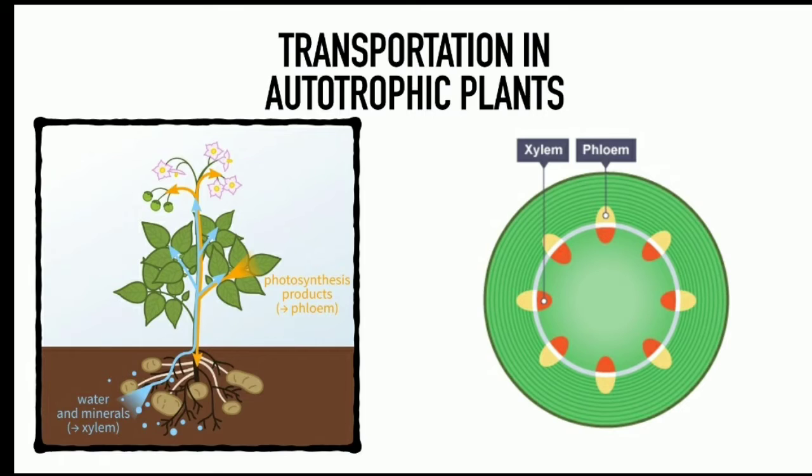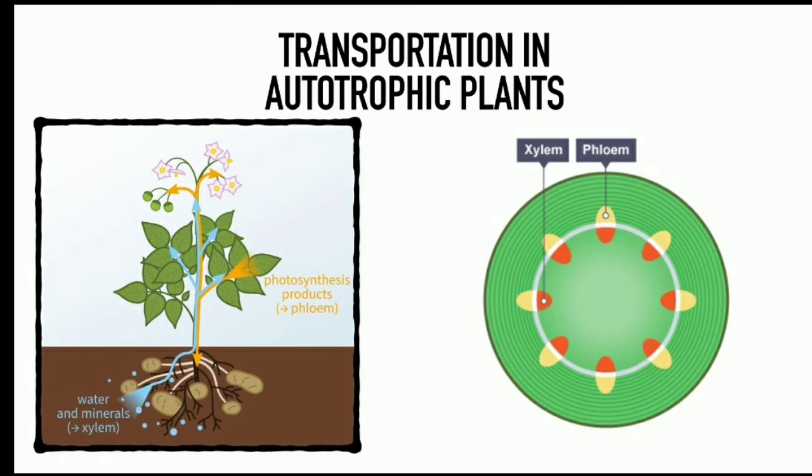Okay? And what does the phloem do? The phloem transports the food, that is glucose, etc., from the leaves to the other parts of the plant where it is either consumed or stored.